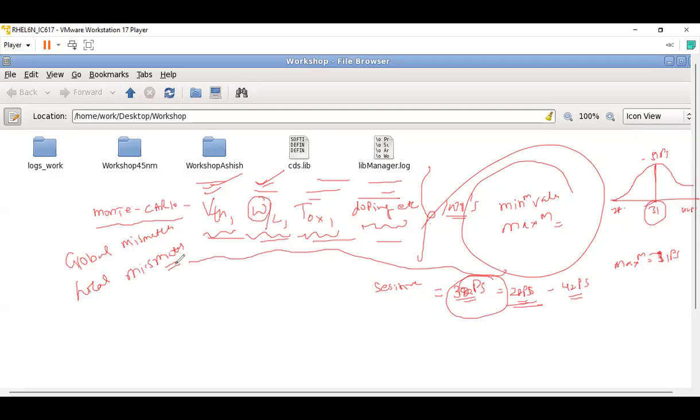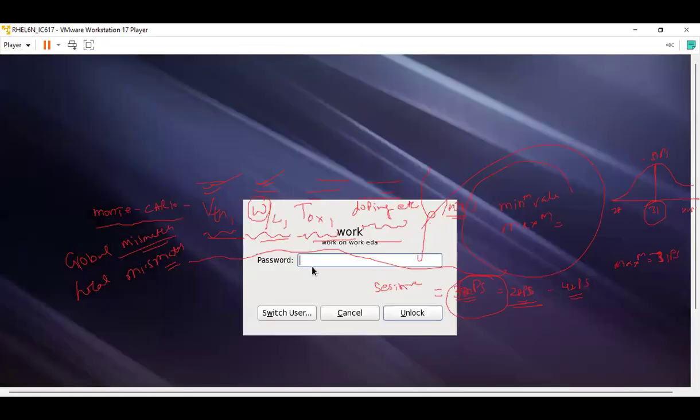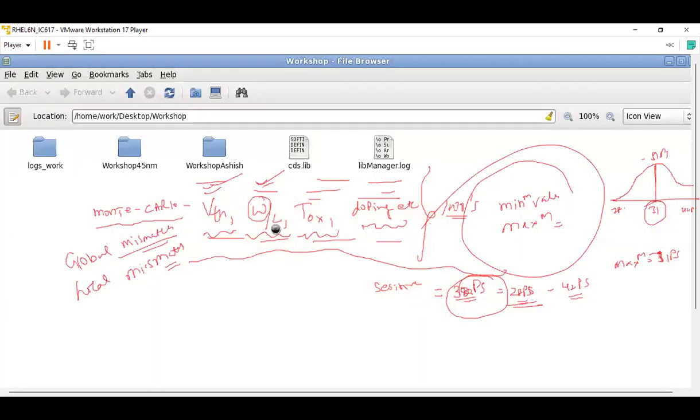First, you should understand what is the meaning of the term mismatch. The term mismatch means that whatever values of VTH, W, L, TOX you have assumed, the actual practical values are not matching with these values. This is called mismatch.